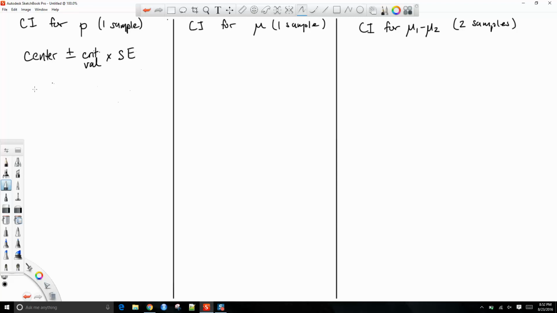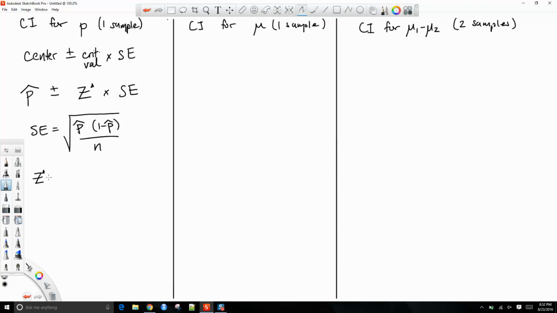In this case, the center is P hat plus or minus Z star times the standard error. The standard error is the square root of P hat times 1 minus P hat over N.